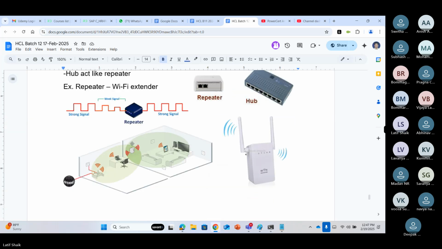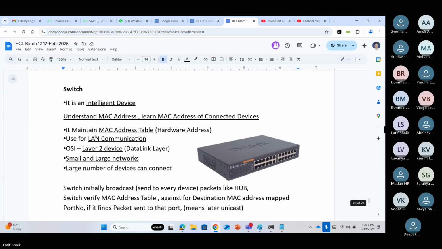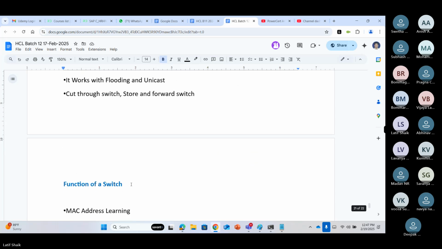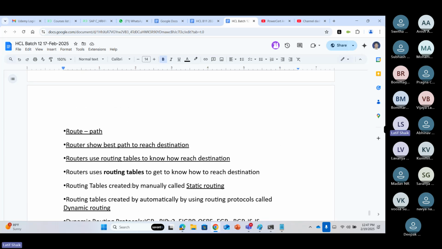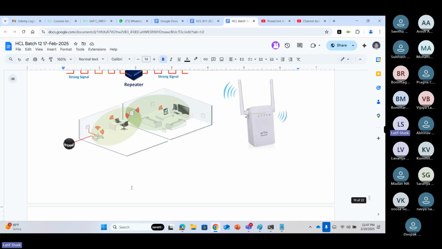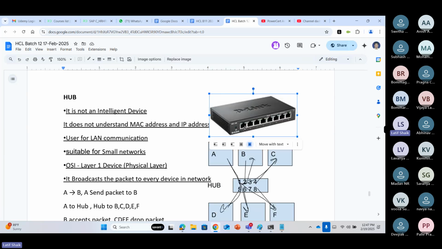Hub, switches, repeaters, routers, modems. I have given information on these things in our notes. We'll see them one by one. Guys, a hub looks like this. This is a hub device.